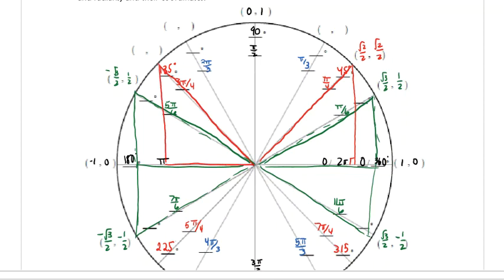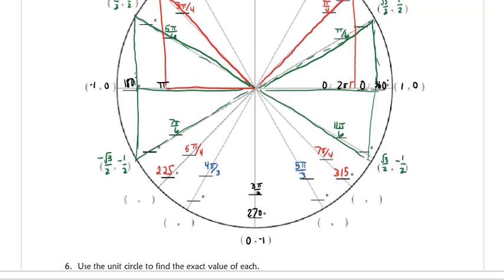It's reflected over the y-axis, one might even say. Negative root 2 over 2, positive root 2 over 2. Then I have one down here, which again has the same coordinates, but both x and y are negative because they're third quadrant angles. And then I have one more over here. Okay, and that's positive root 2 over 2, comma negative root 2 over 2.